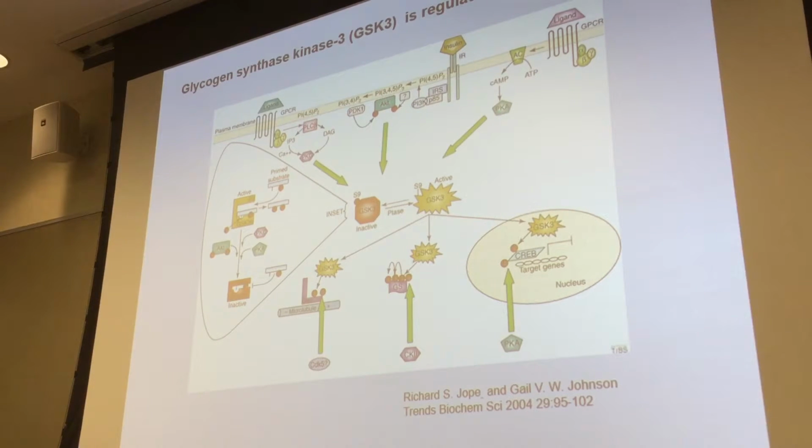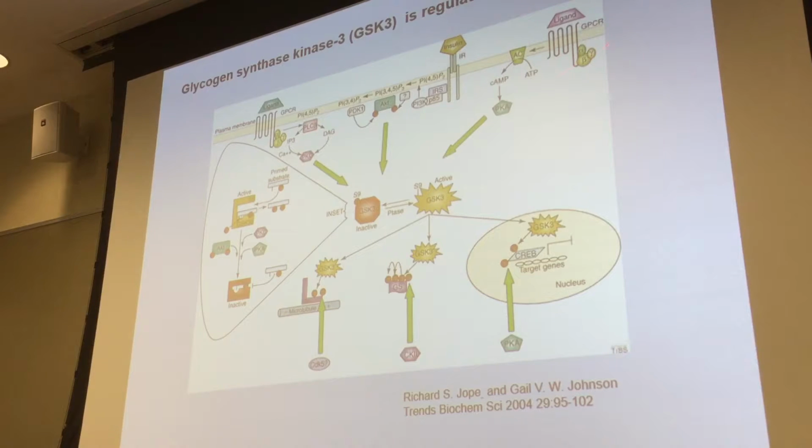What we can also see here is this mechanism that we just talked about. And here is what is going to be potentially blocking this. So conceivably, if we had a G protein coupled receptor that was going through the phospholipase beta, so that we activated our PKA, that could inactivate our glycogen synthase kinase.